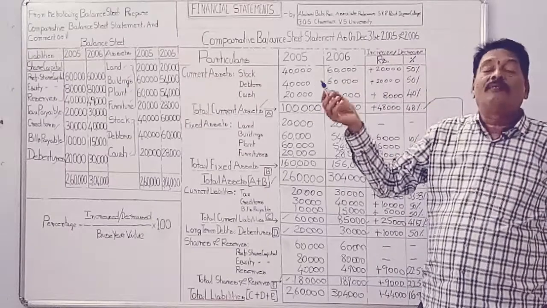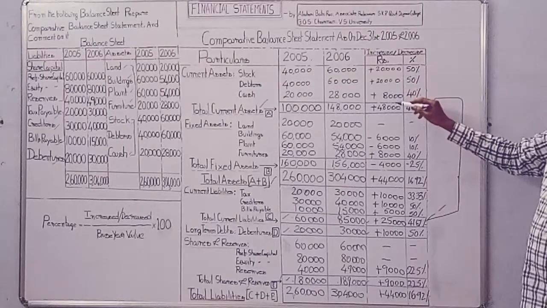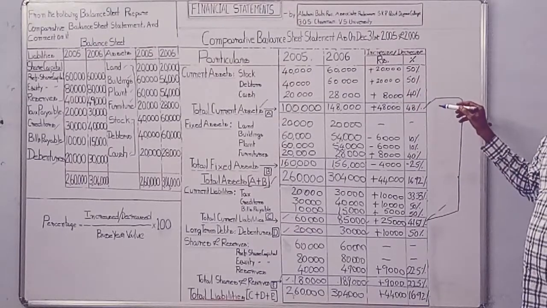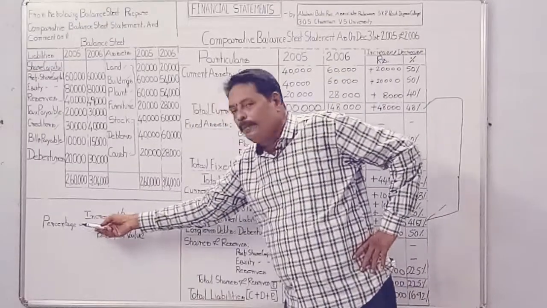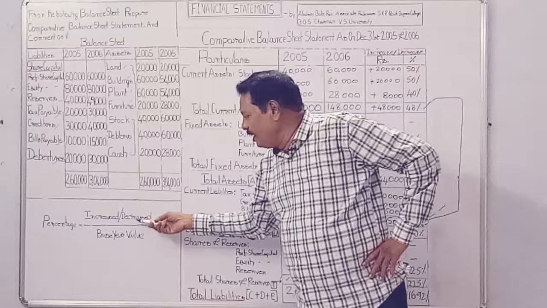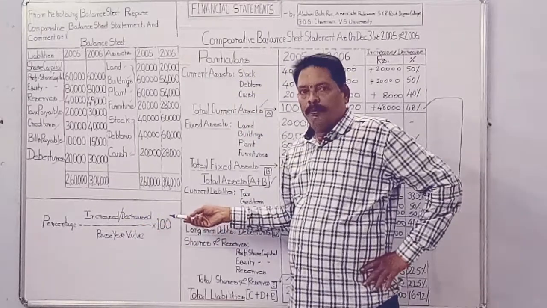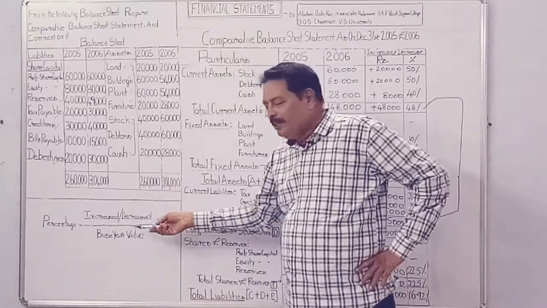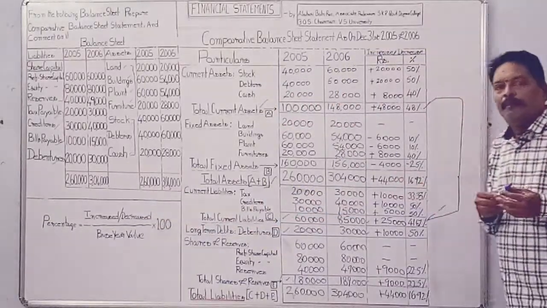For the sake of their comfort, we are converting these increase and decrease values into percentages with the help of this formula. How to get percentages? For percentages, increased or decreased value divided by base year value into 100. By simply applying this formula, we can calculate percentages.